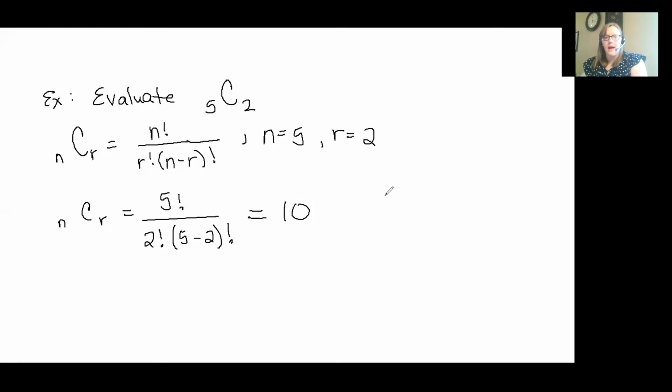All right, so now we're going to evaluate a permutation. This time we're going to use 5 objects, choosing 2 at a time, but we are going to find the permutations.